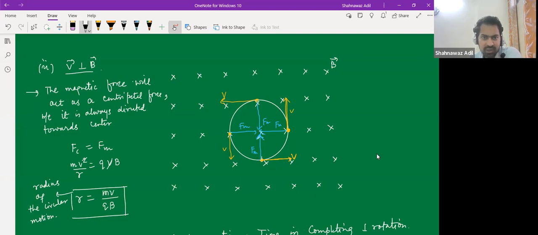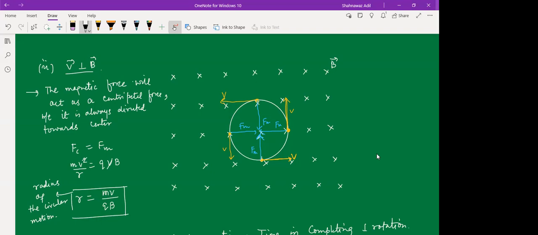Whenever this is completed, I will revise it again so that whenever the exam happens, you can recollect whatever you have got so far. Noted up to this point? One second.